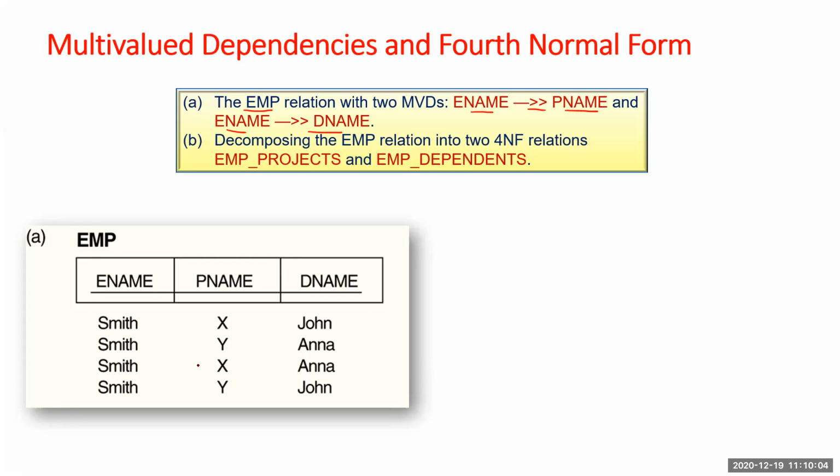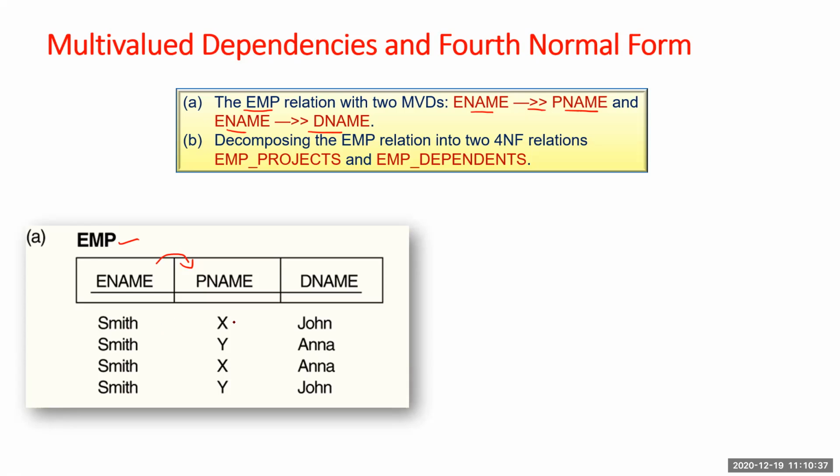When we come across such a table, like the employee table, what are you actually seeing in it? Ename multi-determines pname means what? Each and every employee can work on more than one project. So ename, the employee name, with pname has multiple values.